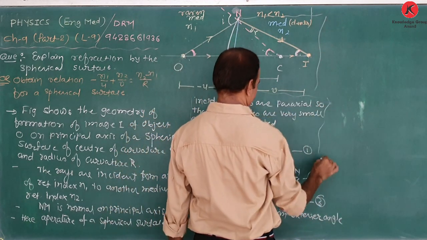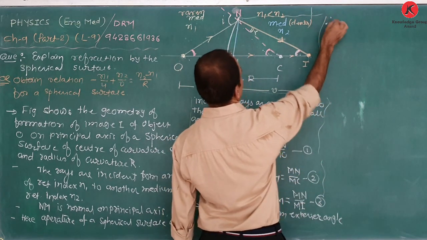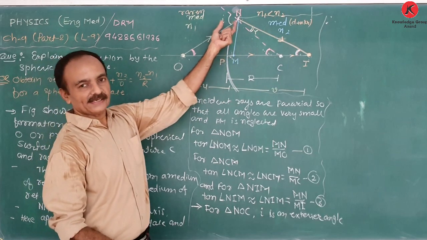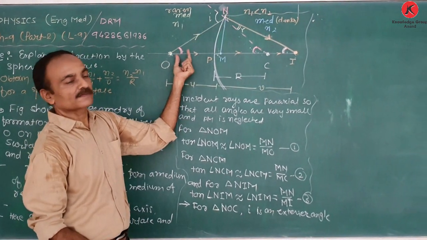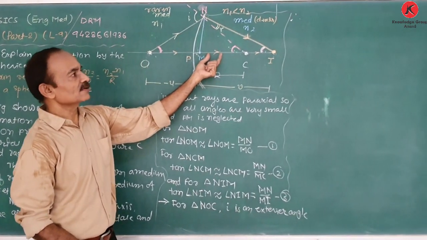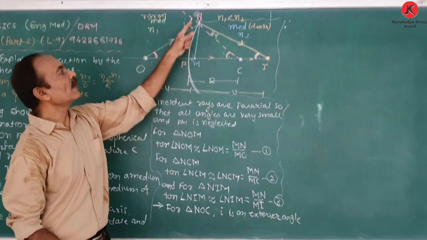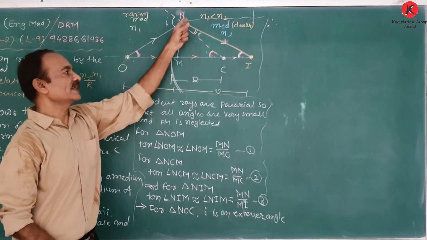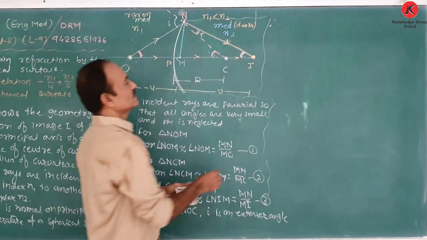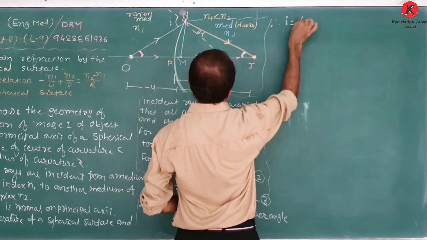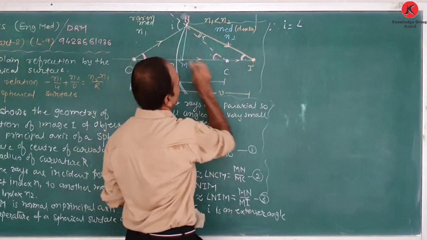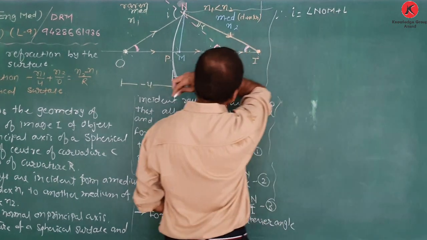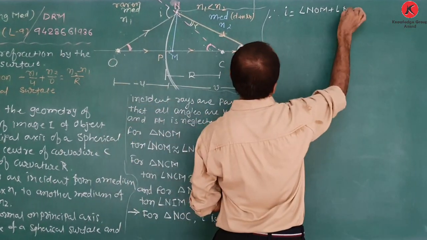Therefore, i is equal to the addition of these two angles. Therefore, i is equal to angle NOM plus angle NCM.